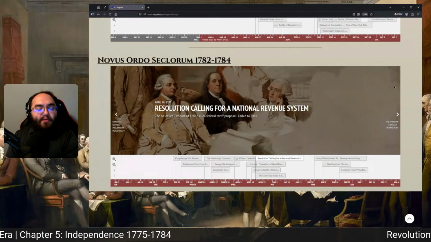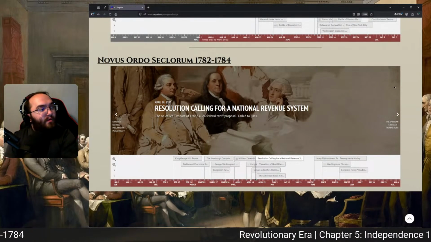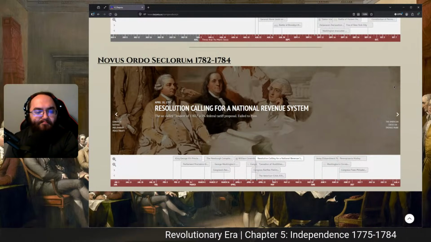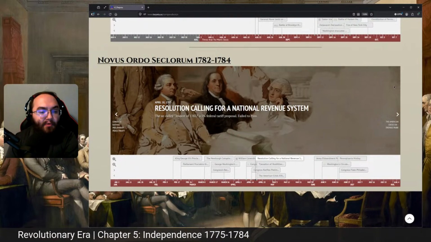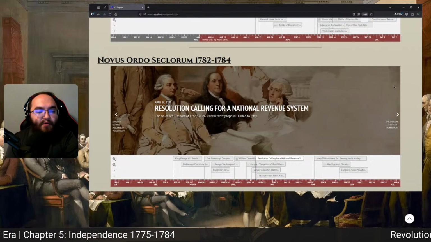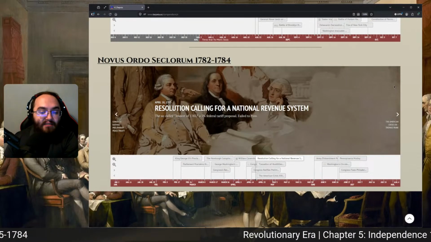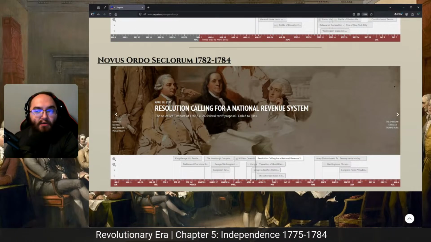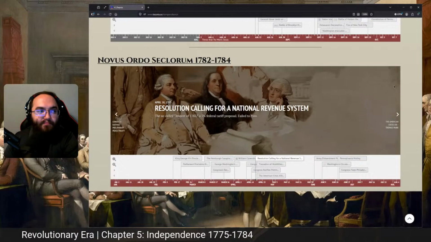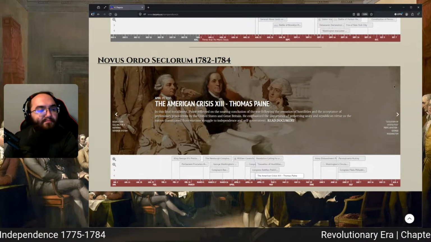And then the Congress, this is Congress under the Articles of Confederation, will pass a resolution calling for a 5% impost tax, a federal tariff proposal, and it failed to pass because bills in the federal government under the Articles of Confederation need to have unanimous support, which it doesn't.